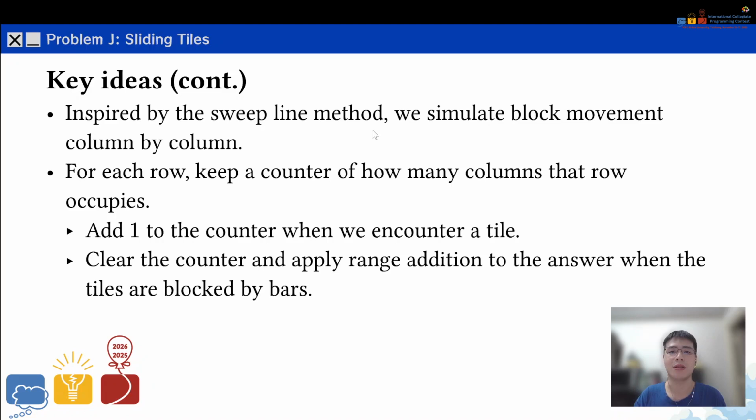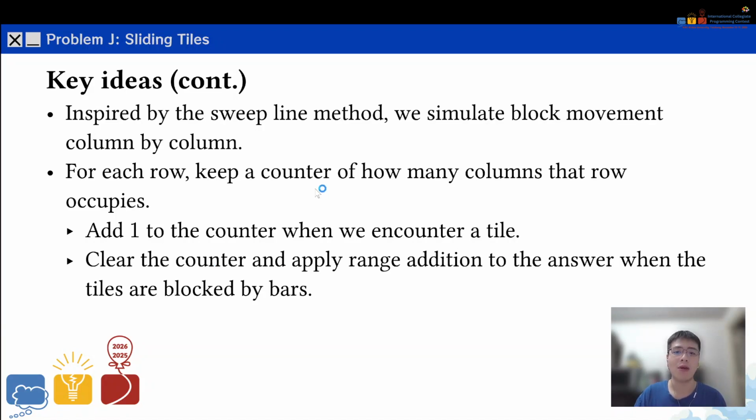In this method, we simulate block movement column by column. For each row, we keep a counter of how many columns that row occupies. Whenever we encounter a tile for that row, we add 1 to that counter.